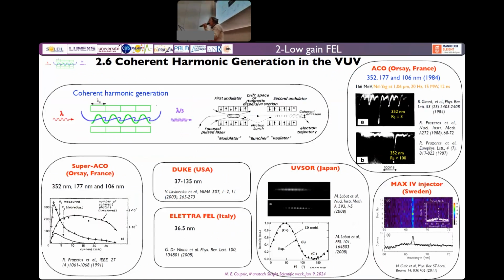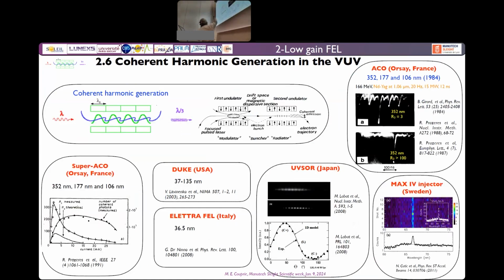So I discussed the oscillator configuration, but you could also consider coherent harmonic generation. So then we use an external source, whose wavelength is tuned to the fundamental of the undulator. And then we are doing a more efficient bunching than when we use spontaneous emission, because the laser is more intense and more coherent.